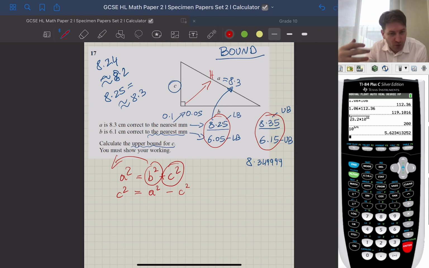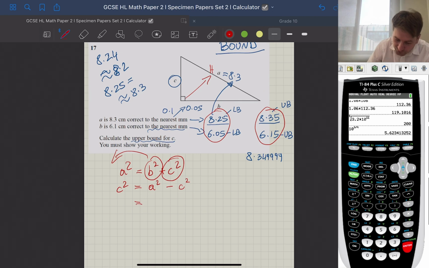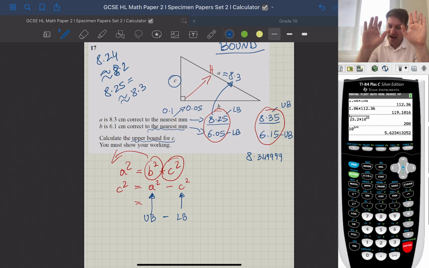No, it's not going to give me that. I need to have, for this value, the biggest possible number. So I want to have the upper bound here, and I want to be taking away the smallest possible number, which is the lower bound here. Because if I take something big minus something small, this is where I get the biggest possible answer.